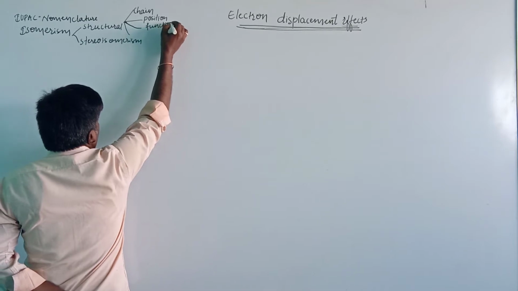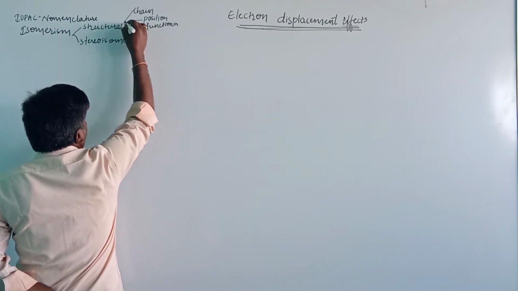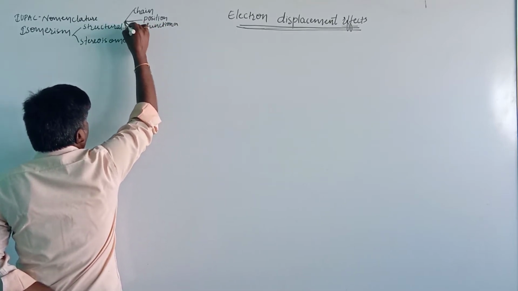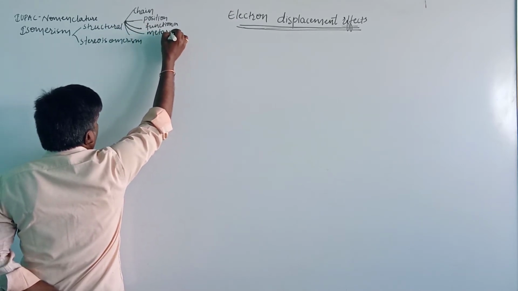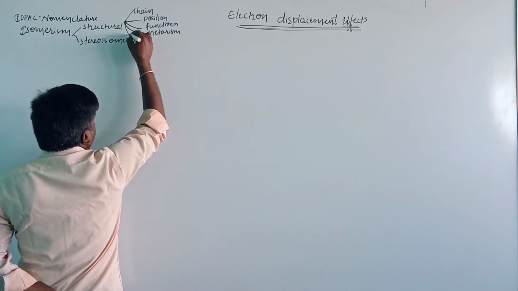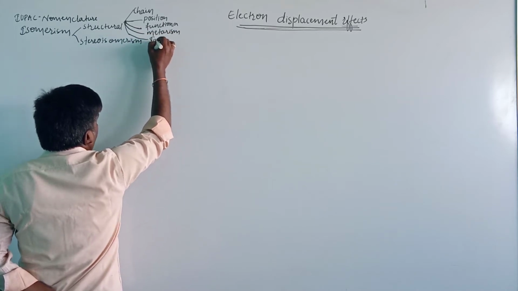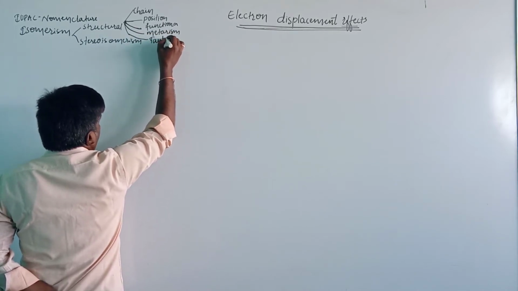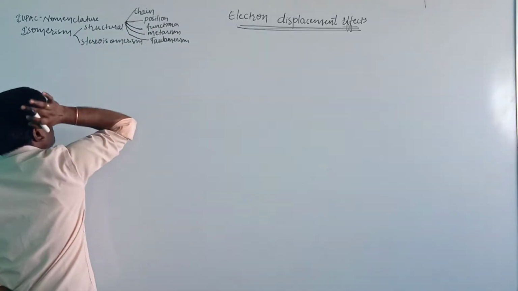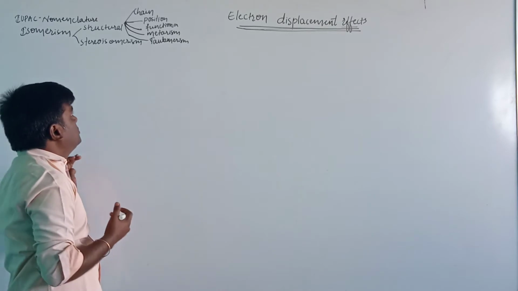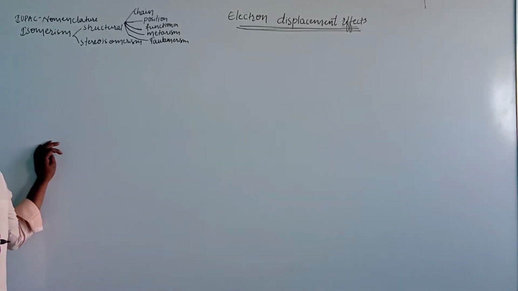Fourth one is metamerism, and the last one, the fifth one, is tautomerism.